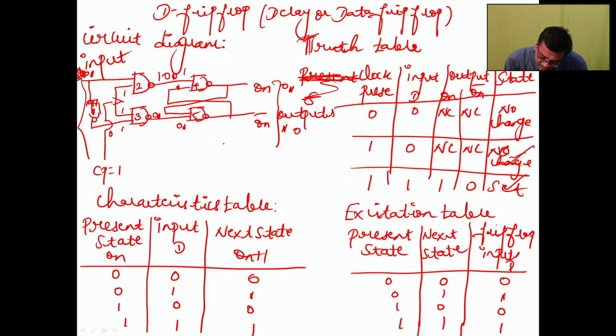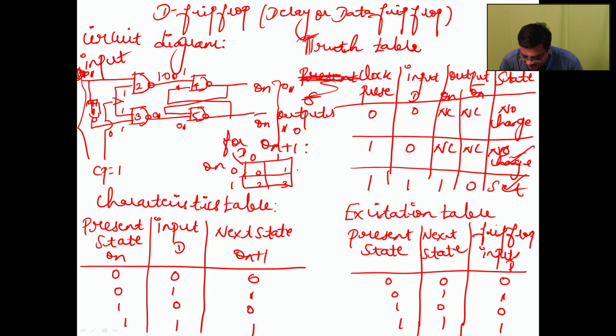So the characteristic equation for Q n plus 1. For Q n plus 1, the characteristic equation, we are going to use a two variable K-map, 0, 1, 0, 1, cells 0, 1, 2 and 3. For 0 0, what is the output we will get? For 0 1, what is the output?